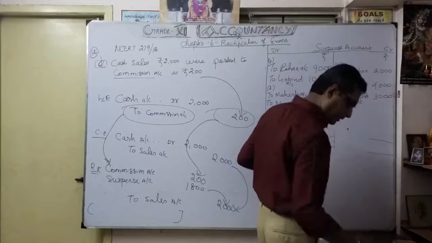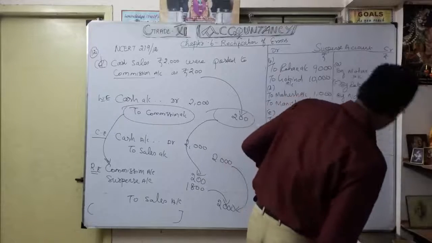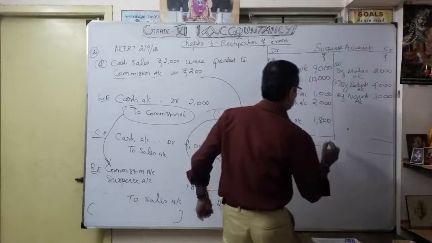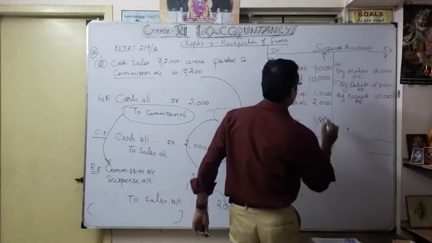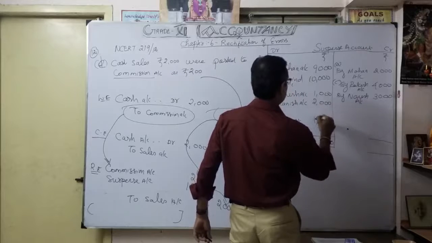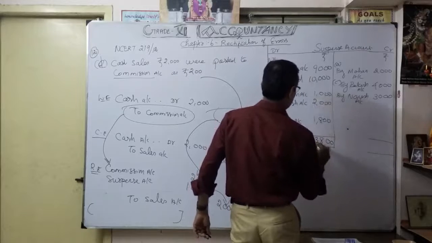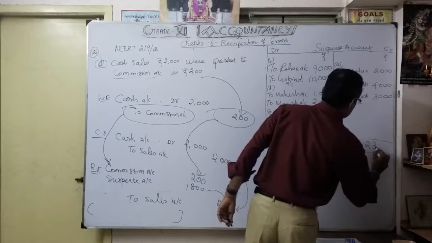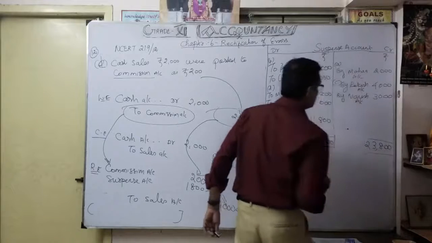On the debit side and credit side, you have to know the total. I think the debit side total is bigger, so it is coming to 23,800. So what is the balance?